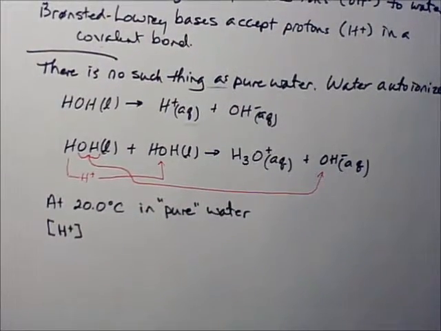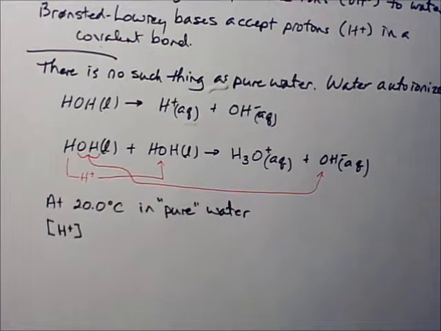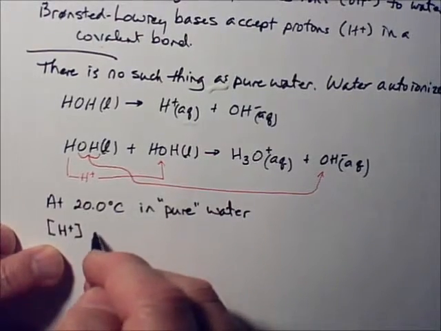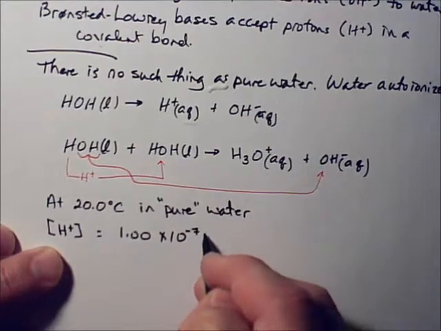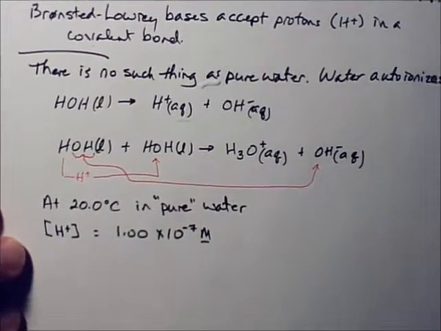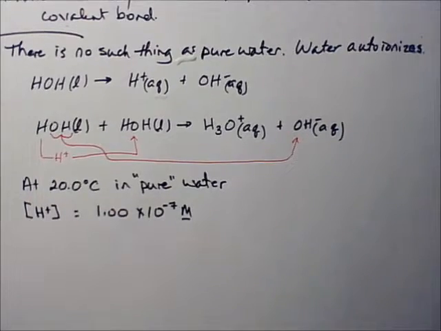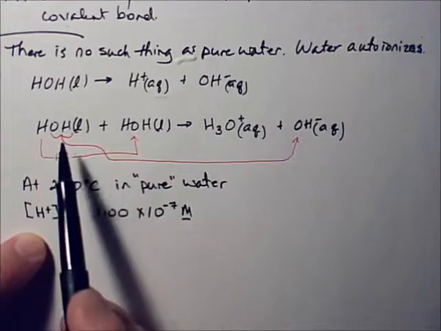At 20 degrees in so-called pure water, the molar concentration, which means moles of this stuff in a liter of water, of hydrogen ions is 1.00 times 10 to the negative 7. That's the way we think about it using Arrhenius.